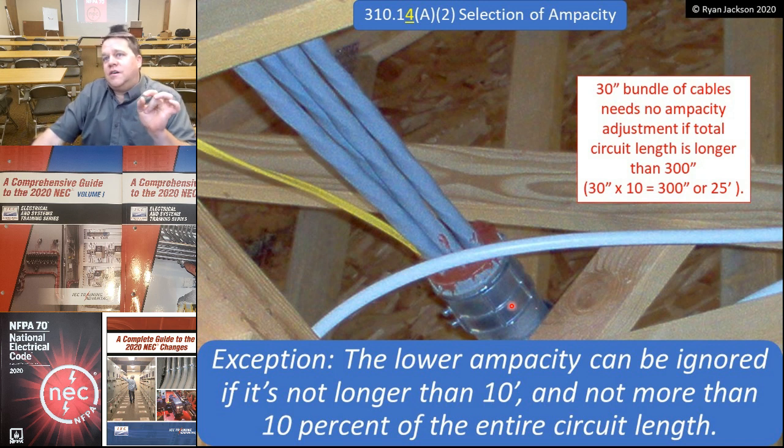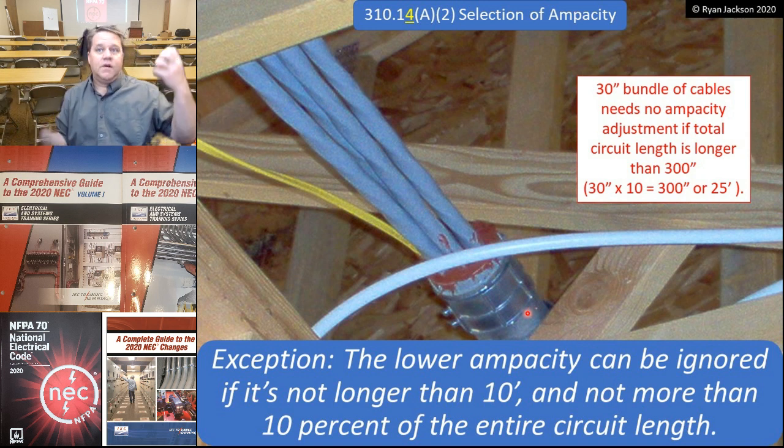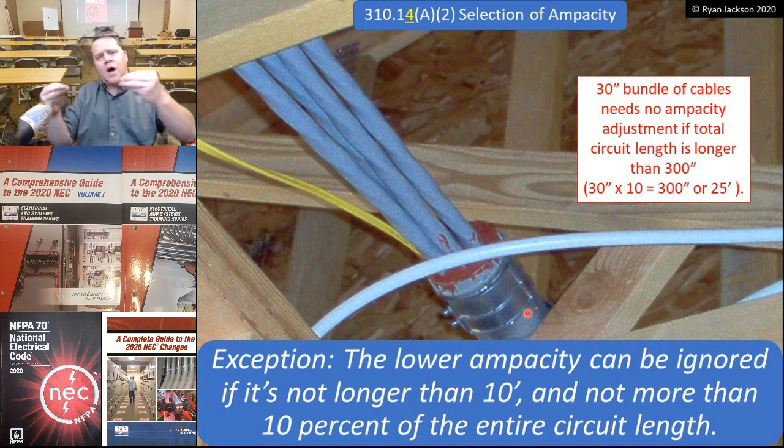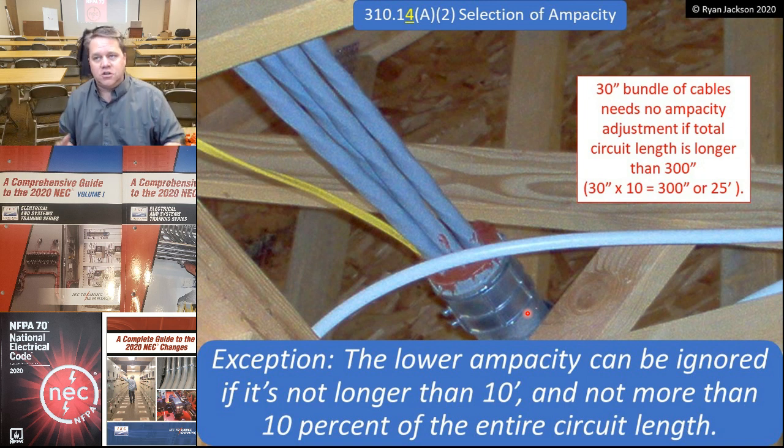But this exception says, listen, if that bundled, that lower ampacity length is less than 10 feet, and it's not more than 10% of the entire circuit length, then yes, those conductors will initially get hotter than the rest, but it will dissipate throughout the circuit. The rest of that copper will act as a heat sink. The rest of the aluminum will act as a heat sink and draw that heat out and disperse it through the entire circuit length, and it's just not an issue. So, very nice exception if you know about it.